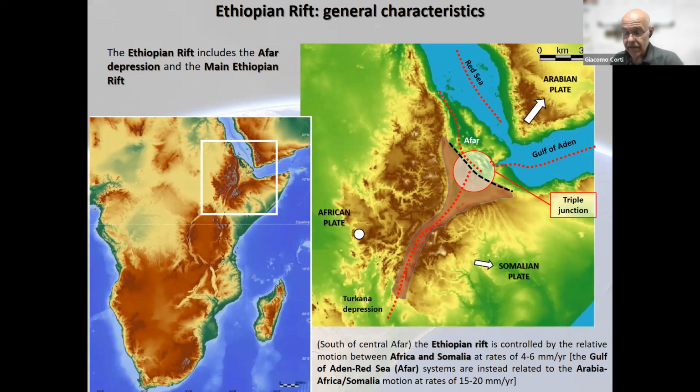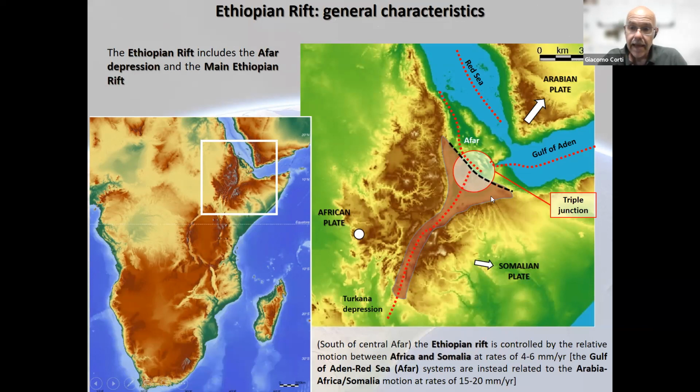So we have the interaction of three plates here: Africa, Somalia, and Arabia, and the triple junction among these three plates is located here in central Afar. And we are mostly interested in what happens south of this triple junction, in a region which is called the main Ethiopian Rift, here south of the Afar Depression.